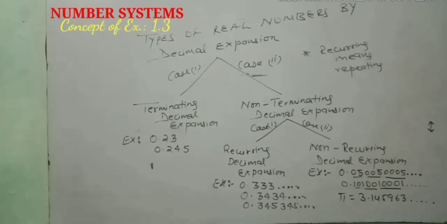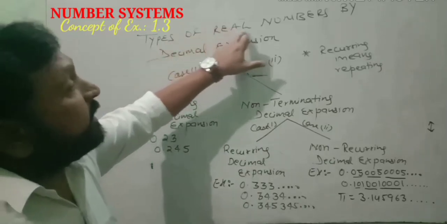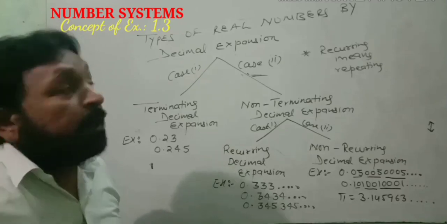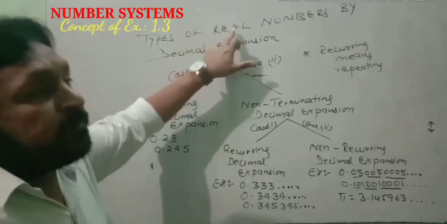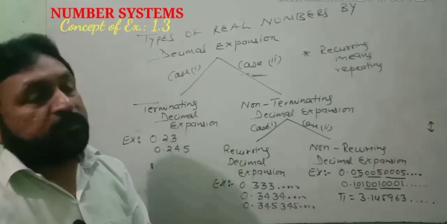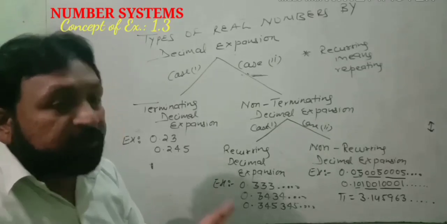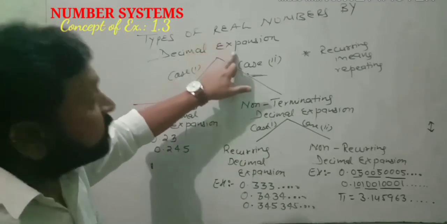Okay, seen it. Now I have written something here. Types of real numbers by decimal expansion. What I mean through it? We all know real numbers are the collection of rational and irrational numbers. So how can we know that a number is rational or irrational on the basis of decimal expansion?